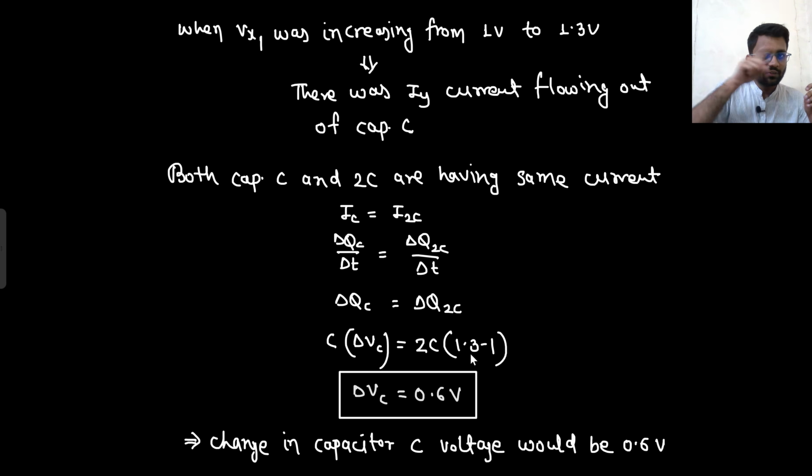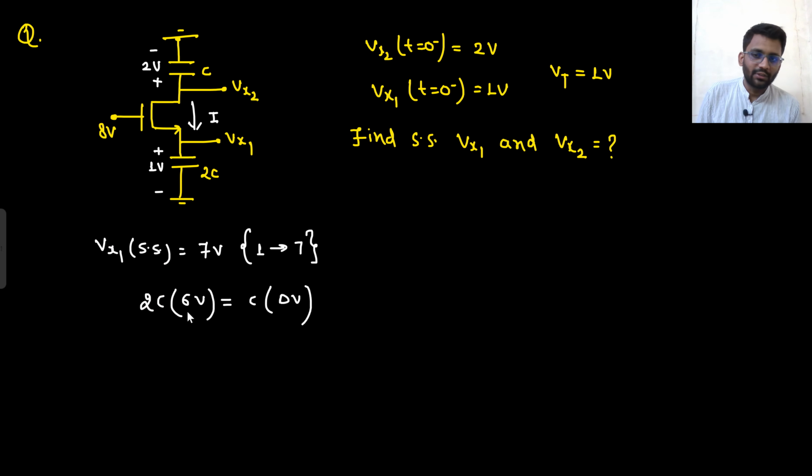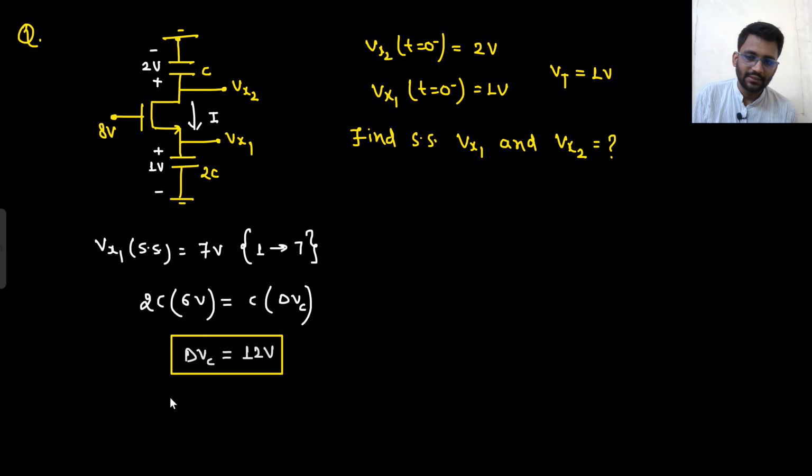Previously the change was 1 to 1.3, so 1.3 minus 1. Similarly here, 1 to 7, so a change of 6 volt. So delta Vc would be 12 volt. And if delta Vc is 12 volt, this capacitor C is getting discharged. C is discharging.